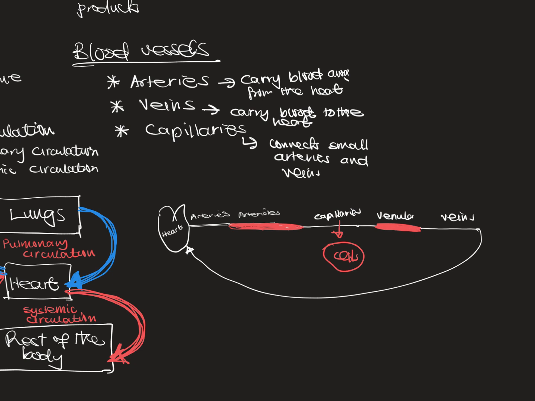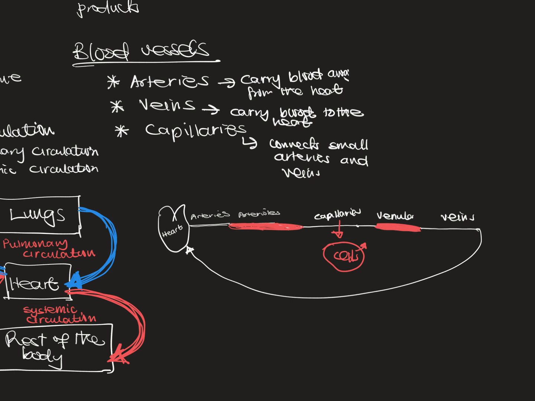To explain again, as the heart pumps the blood, it goes into the arteries. The arteries form small arteries called the arterioles. And from the arterioles, blood gets into the capillaries. At the capillaries, oxygen, nutrients, hormones get into the cells, okay? Because the cells need that to use.